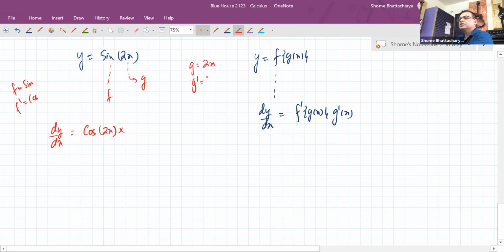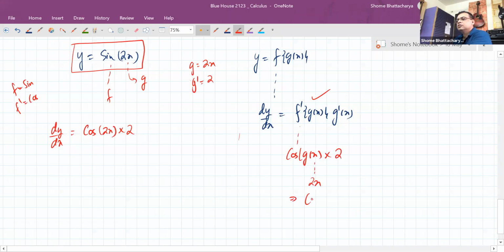So g prime of x is how much? 2. So you'll be able to come to this step directly. So you'll be able to look at this function and say that, okay, it is f prime of gx. So this f prime term is cos. But what is gx? Gx itself is 2x. So it is cos 2x into 2, or 2 cos.